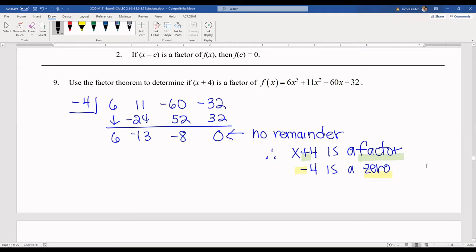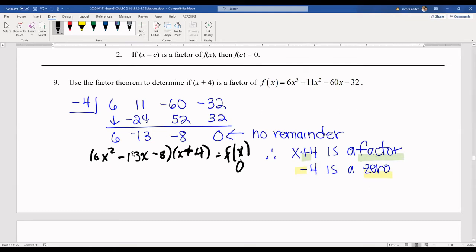So what that means so far factor-wise is we have 6x squared minus 13x minus 8 times x plus 4 equals f of x, or 0.